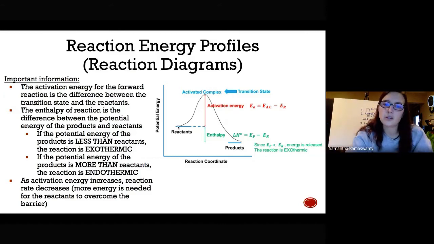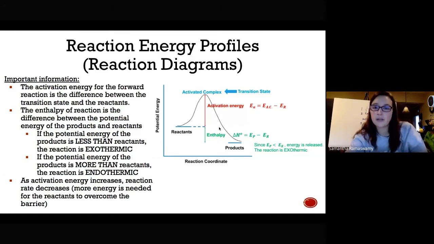Now, there was a question: what if your reactants and your products have equal energy? If they have equal energy, it would be neither exothermic nor endothermic. We don't usually see them having equal energy, but if they did, we would say it's neither exo nor endothermic because the energies are equal. We will always be looking at either exothermic or endothermic.